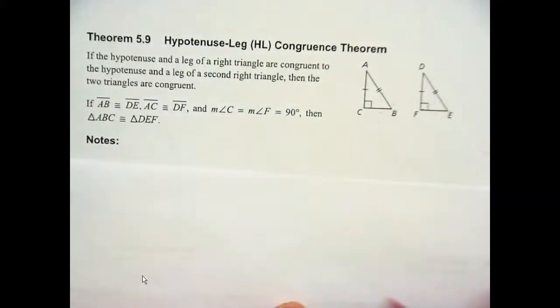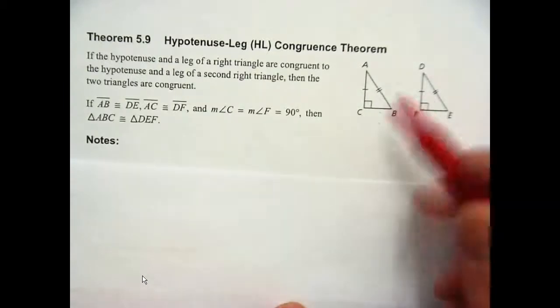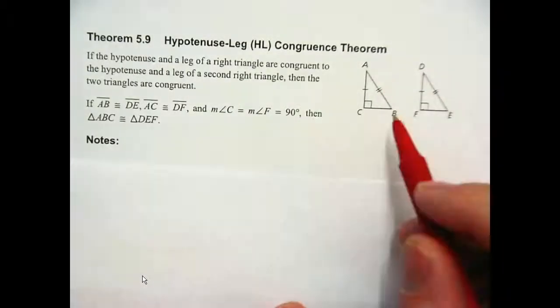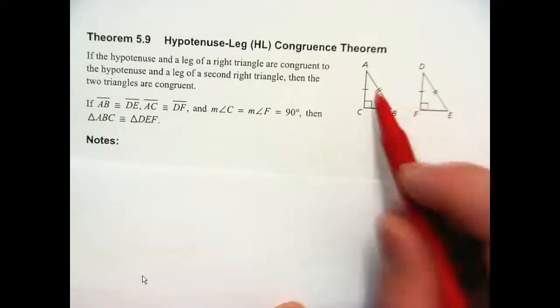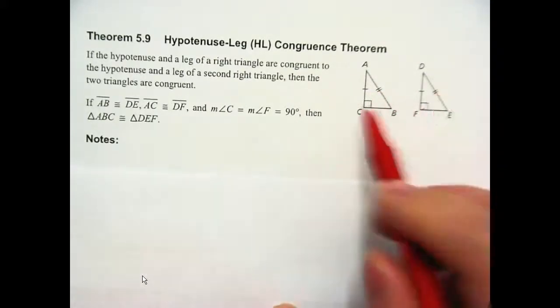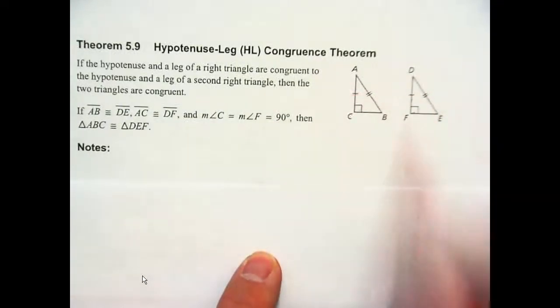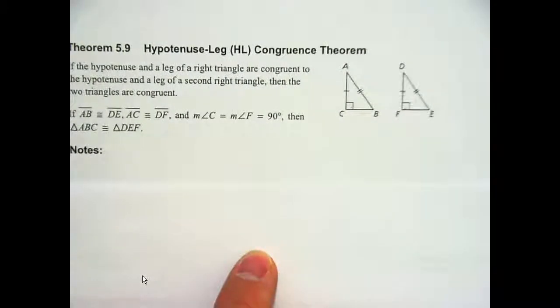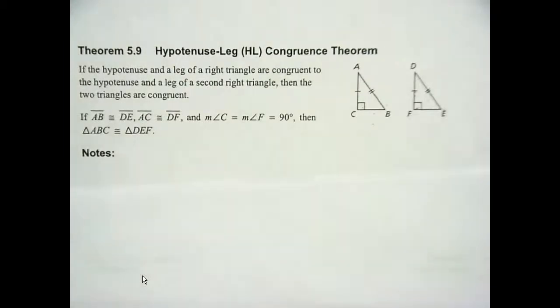We're not going to demonstrate that one with a construction here, but if the hypotenuse is congruent to the hypotenuse of another right triangle, and one of the legs is congruent to a leg of that other triangle, then the triangles are congruent by the HL, or hypotenuse leg theorem.